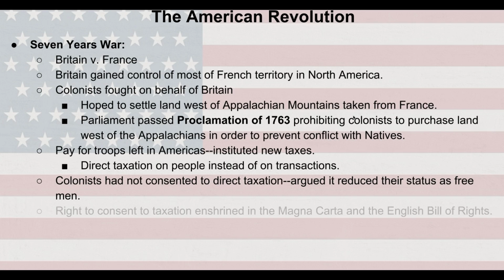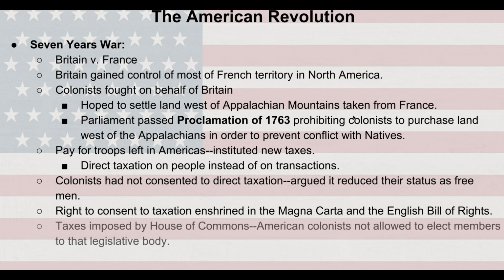And they felt like the right to consent to taxation should be extended to them because in the Magna Carta and in the English Bill of Rights, this is something that is protected. It is enshrined in both of those documents that if there is going to be a taxation, then those being taxed should have some sort of consent.